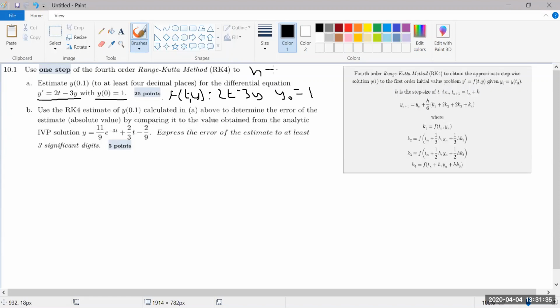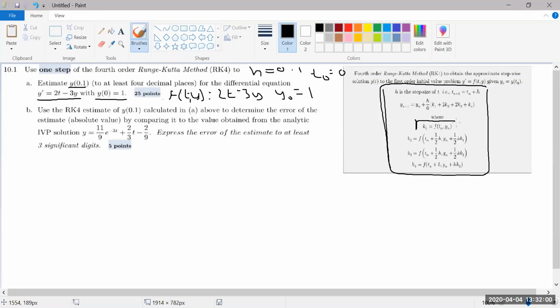We know that our h equals 0.1. And we know that our t naught equals 0, because that's what we are assuming for this process. And then we have this lovely little chart that we'll be using to solve for pretty much this whole differential equation.